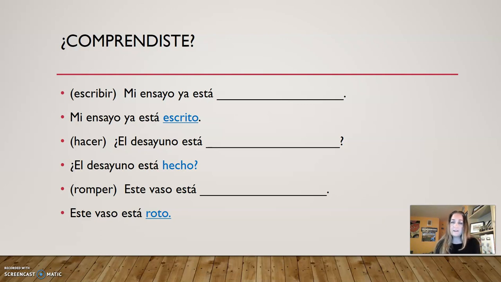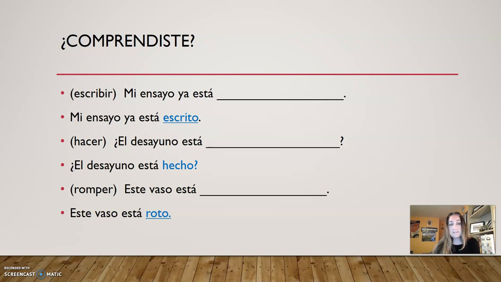So what do these sentences mean? Remember that we said that we are using the past participles as adjectives. So, mi ensayo ya está escrito means my essay is already written. Written describes my essay. El desayuno está hecho. Breakfast is done.